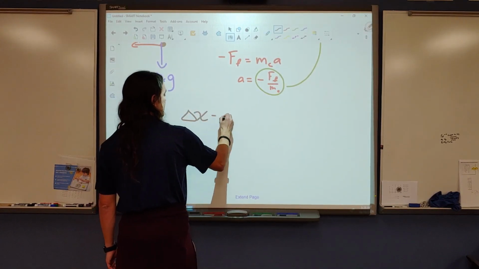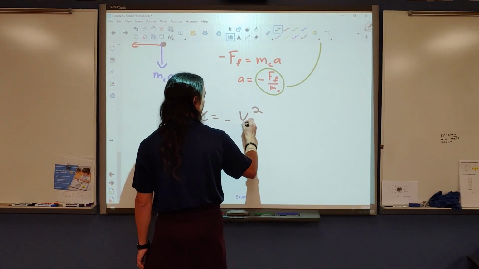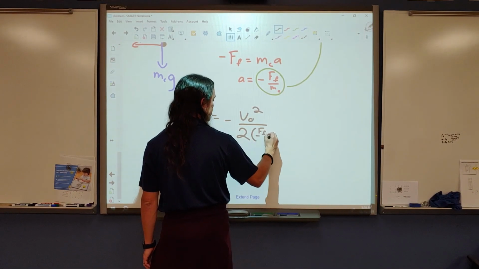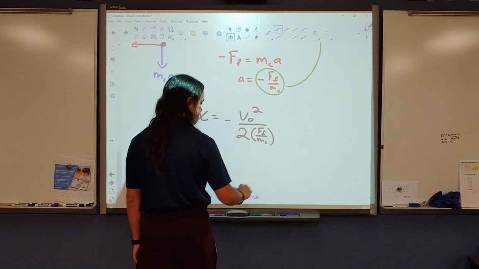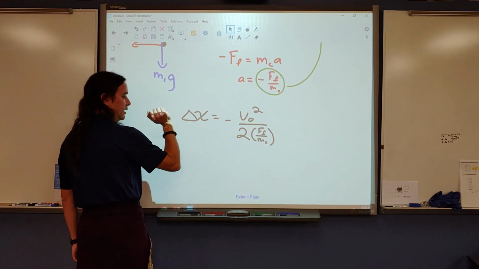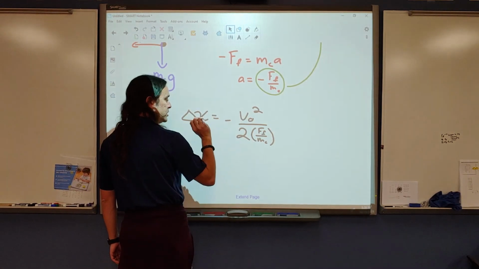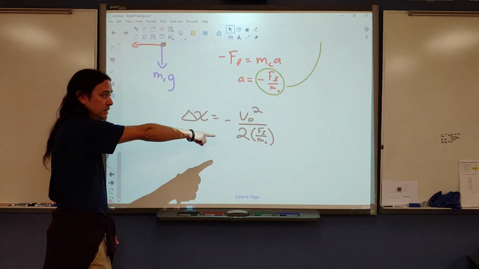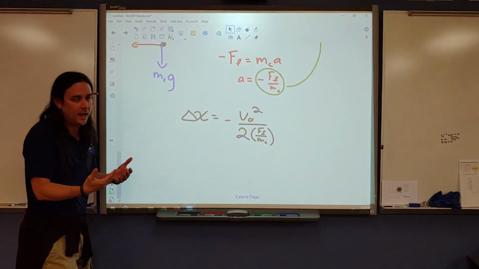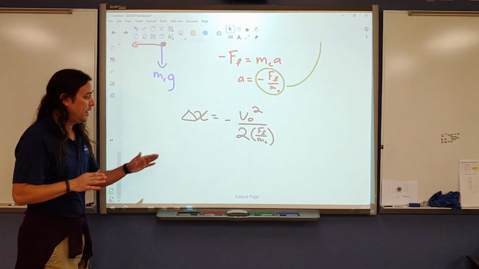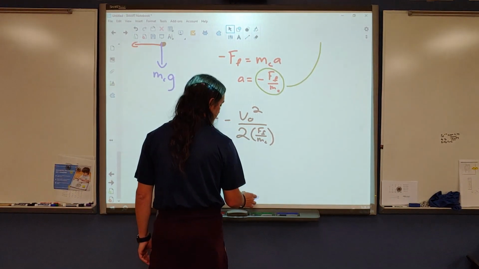I have delta x is equal to negative v naught squared over 2 times a, which I could write as negative v naught squared over 2 times negative force of friction divided by mc. Okay, great. Delta x equals some stuff. Negative is allowed, v naught is allowed, 2 is allowed. Force of friction isn't. But mc is. So, again, don't get too frustrated. We are making progress. Now I need to find out how to get rid of my force of friction.